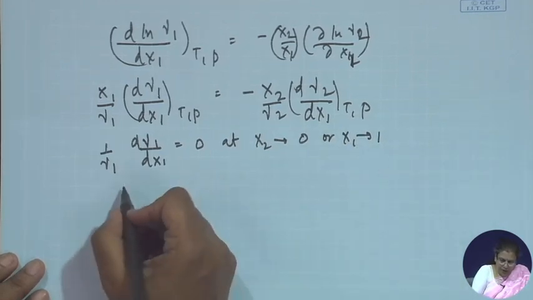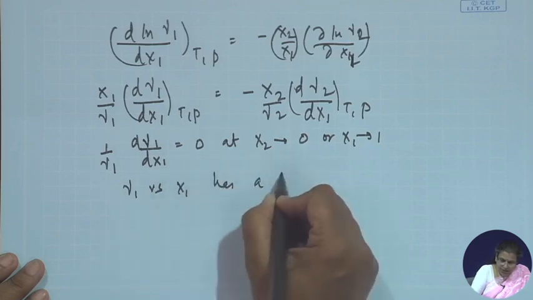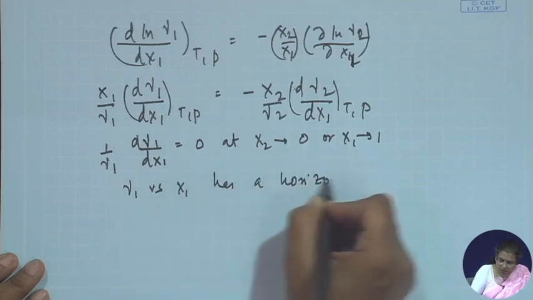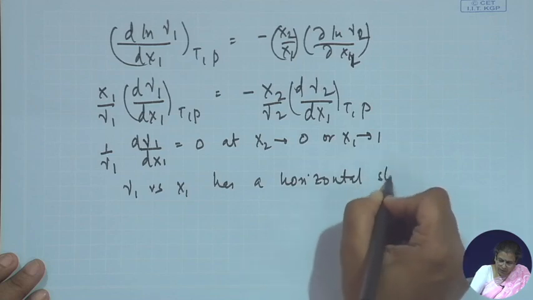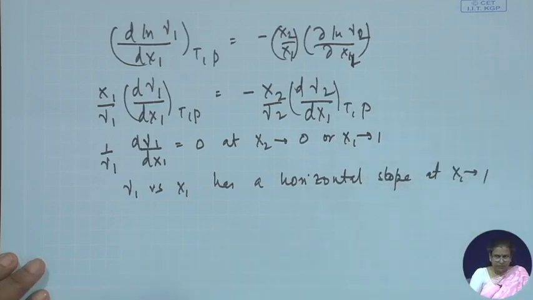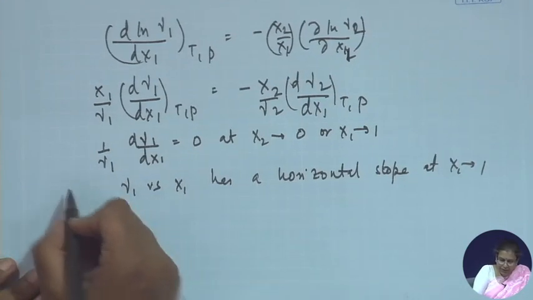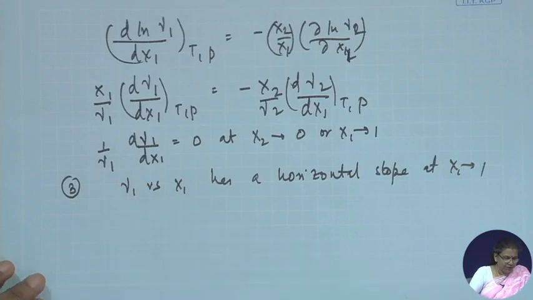What does this imply? It implies gamma 1 versus x1 has a horizontal slope at x1 tends to 1. Fine. So, therefore, there are 3 observations which we find from here.